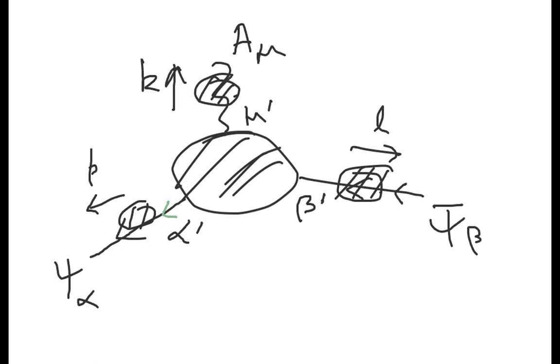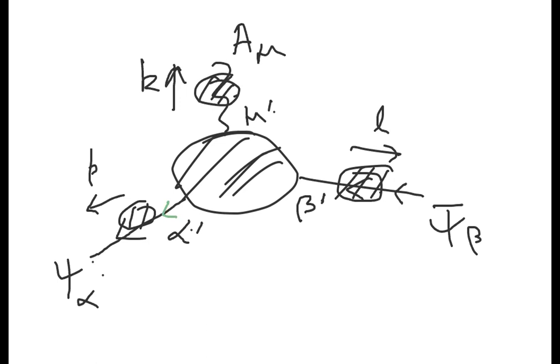For this line, you are just going to get the 2-point function D mu mu prime of k. For this line, you will get the full 2-point function G F, which goes from alpha to alpha prime.